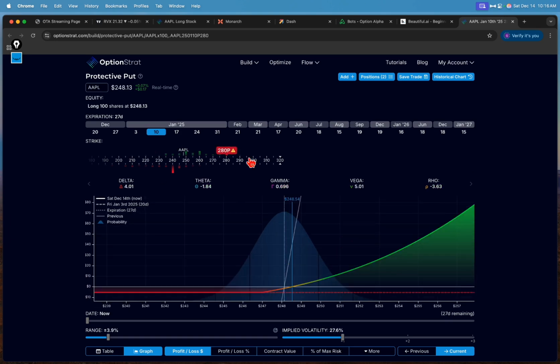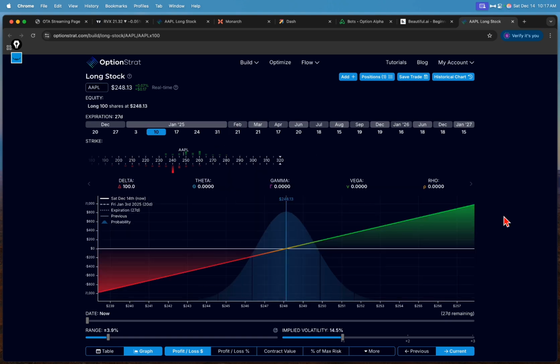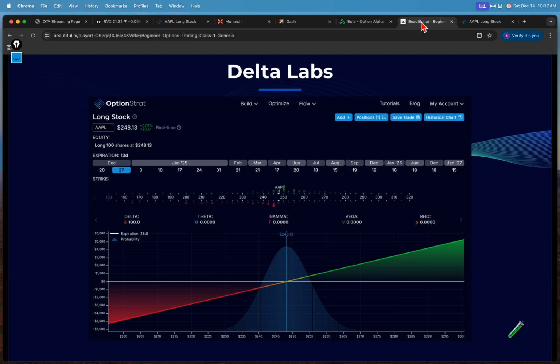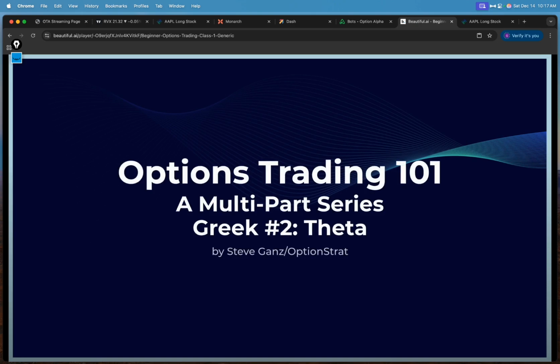So I can move my puts around, and that also will change my delta picture. So that's another way of delta hedging, if you will. That should give you a pretty good sense of how you can potentially use options to hedge an overall position.